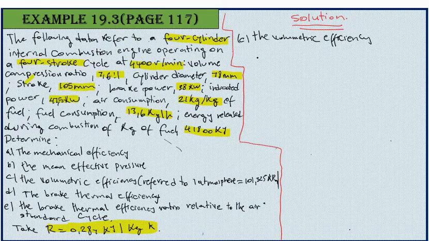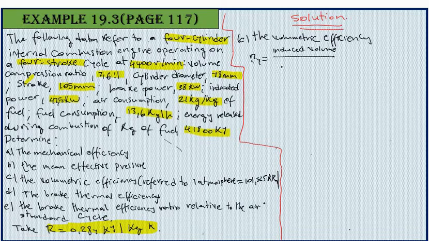It's simply the ratio between the induced volume divided by the swept volume. The induced volume should be expressed in cubic meter per minute, as well as the swept volume. So we have NV, which is given by the induced volume divided by the swept volume.